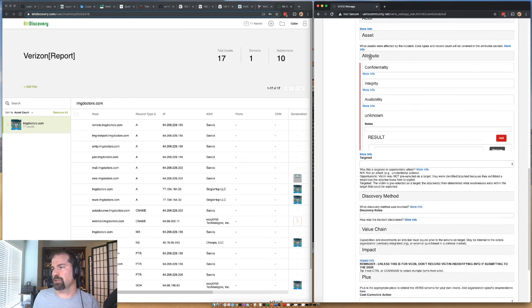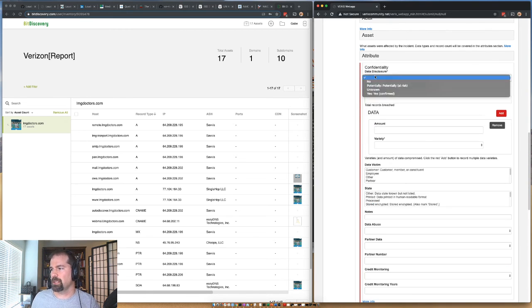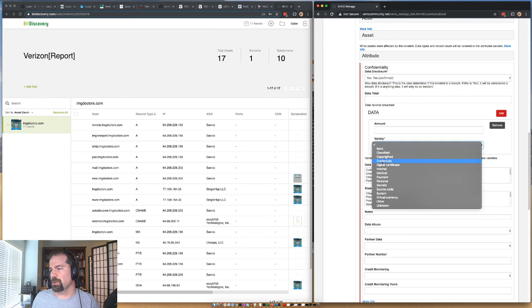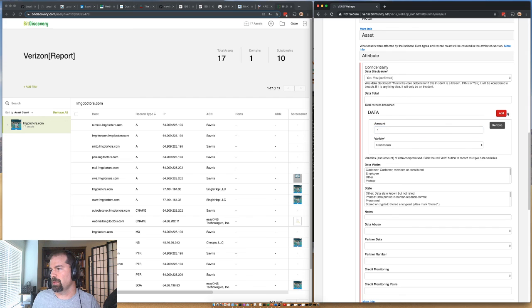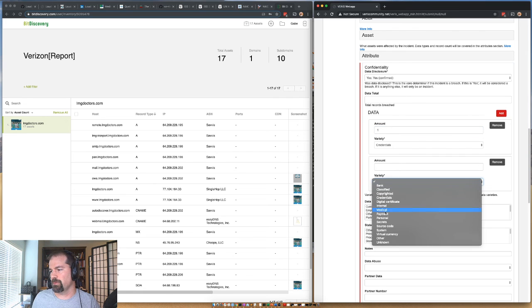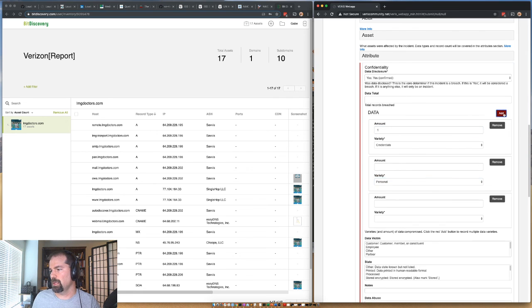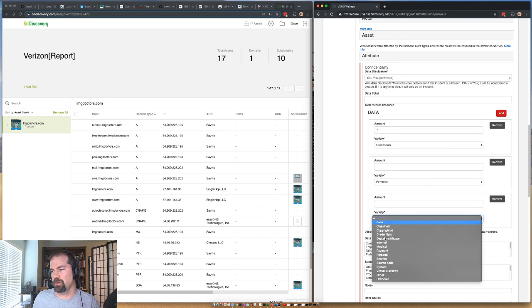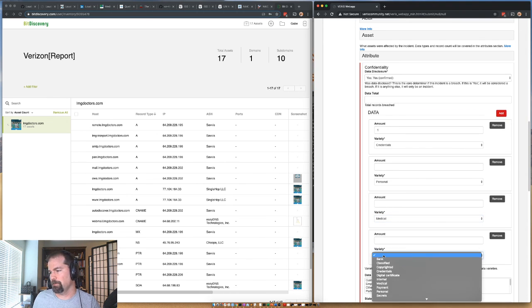And attribute, confidentiality, data disclosure. Yes, again, we know that at least the credentials were compromised. And then we also know that personal information was compromised. I'm going to include that specifically because of the social, medical, and financial.